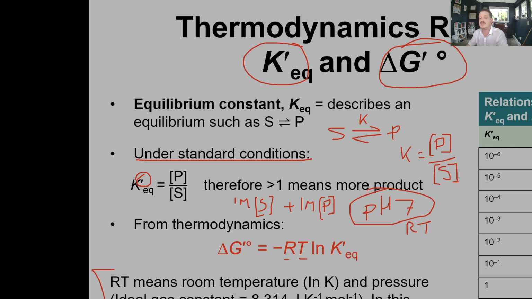So if we take 1 mole of substrate, 1 mole of product, and put them together in a glass tube, probably nothing's going to happen. We then add some enzyme, leave it for a little while, and then see: do you end up with more substrate, or more product?